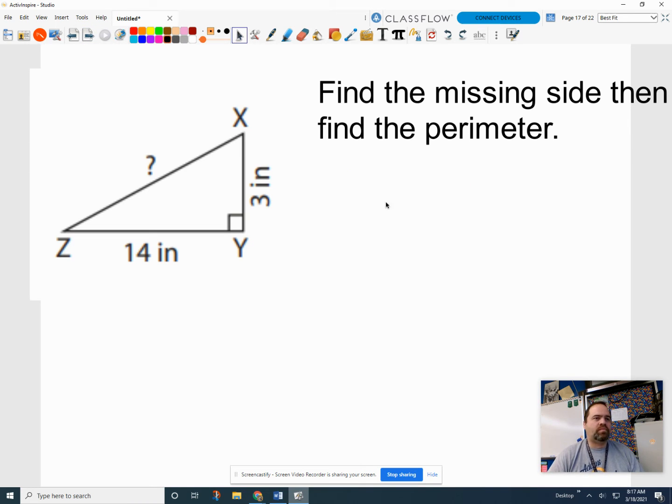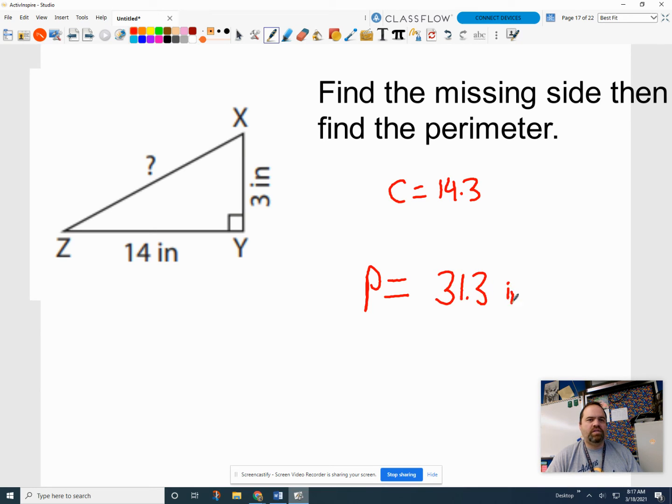Okay. So your missing side was 14.3. Add up the other sides to get the perimeter. .3 inches.